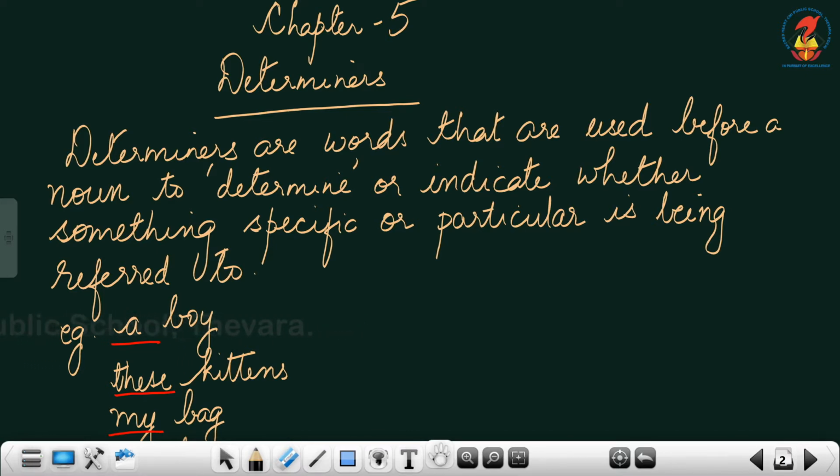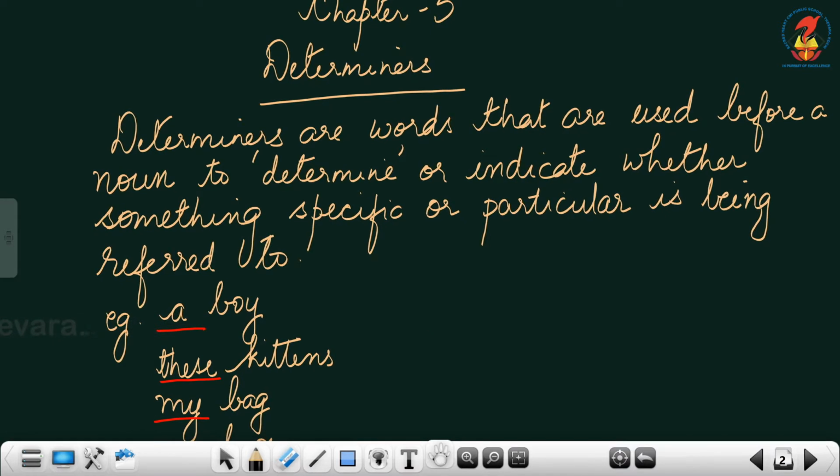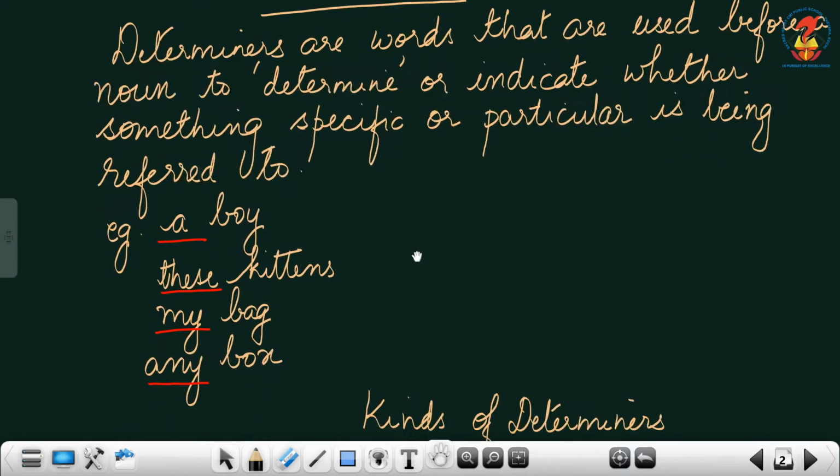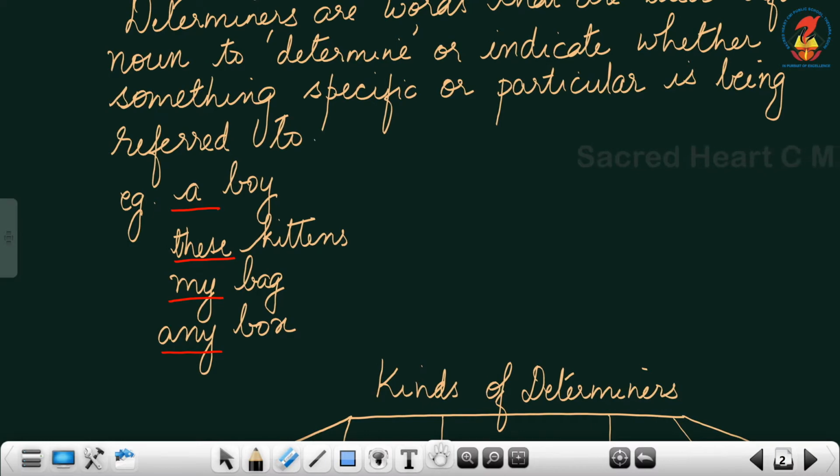Now, for example, here: a boy, these kittens, my bag, any box. All these four examples are nouns, and before the nouns you have certain special words that are used to indicate or determine whether something specific or particular is being referred to.